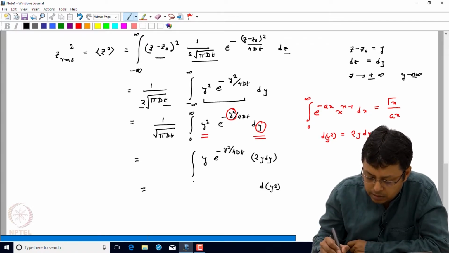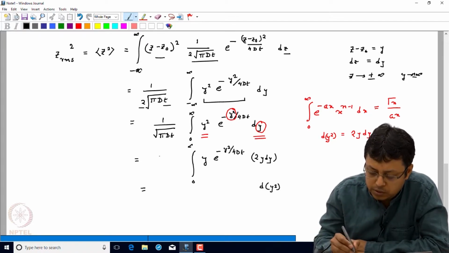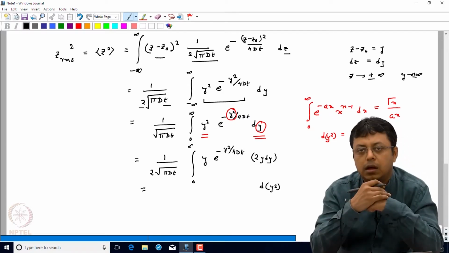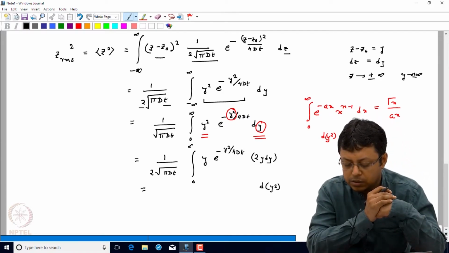I have the integral 0 to infinity, but I also have an extra 2, so to account for that I also have to divide it by 2. So that's how the integration looks like.